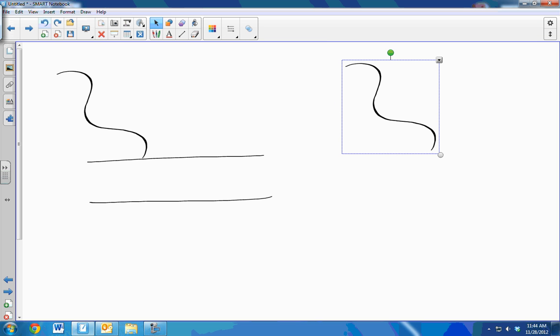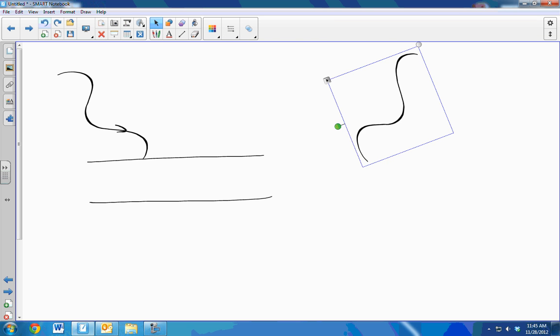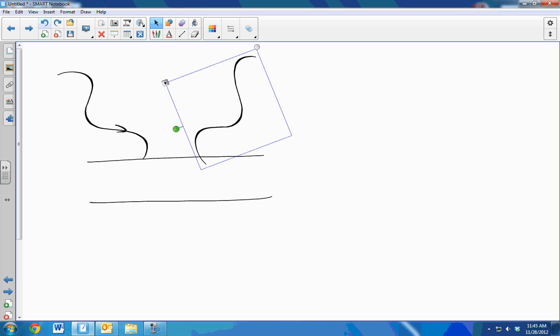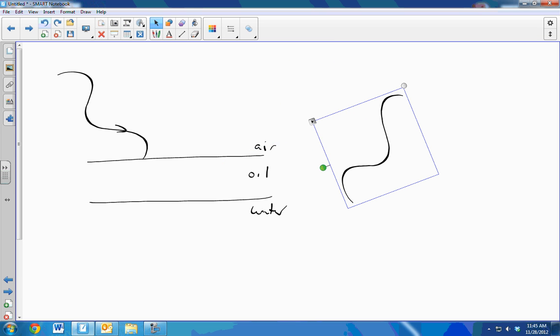So the light wave comes into the medium in this direction, and it's coming into the medium and reflecting. Now, if this is oil and water like it was before, and air, then when the light wave strikes the oil from the air and is reflected, does it undergo a phase change at the first medium?